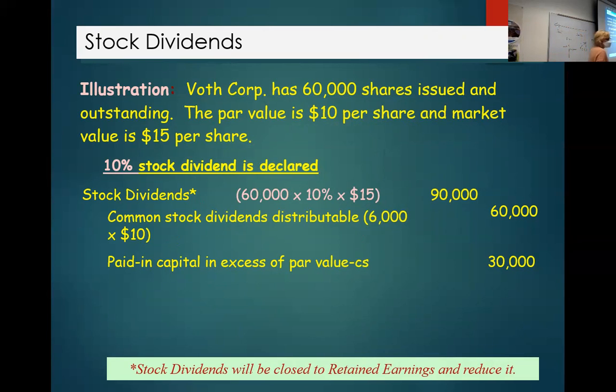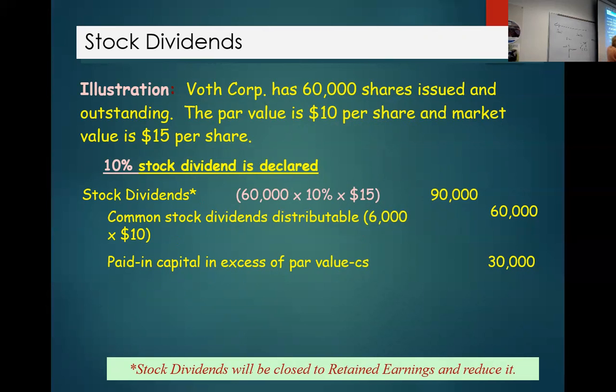So they have 60,000 shares outstanding, and we declared a 10% stock dividend. So 60,000 times 10% is 6,000 shares that they're going to issue. We're going to use the market price of $15.